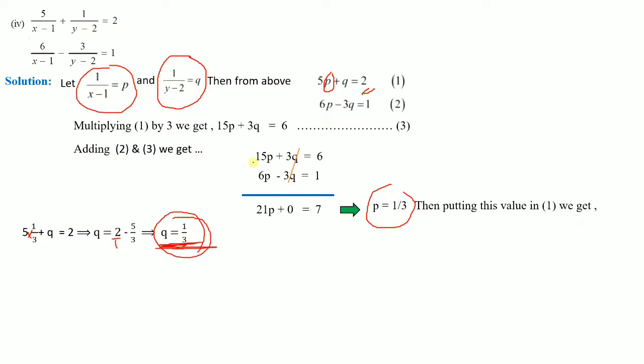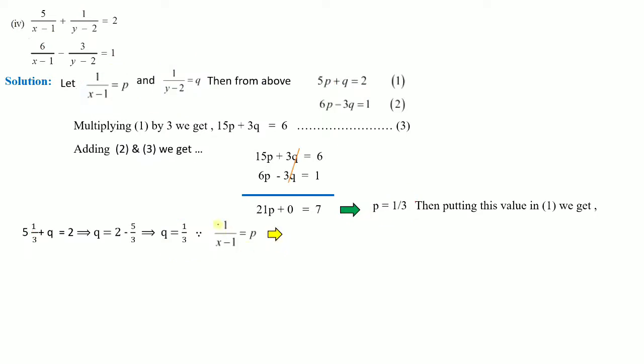So since 1 upon x minus 1 is p, this implies 1 upon x minus 1 is equal to the value of p, which is 1 upon 3. Taking reciprocal of both the sides, x minus 1 is equal to 3, and then this 1 will go to the right hand side, so x is equal to 4 is the final answer for the x variable.